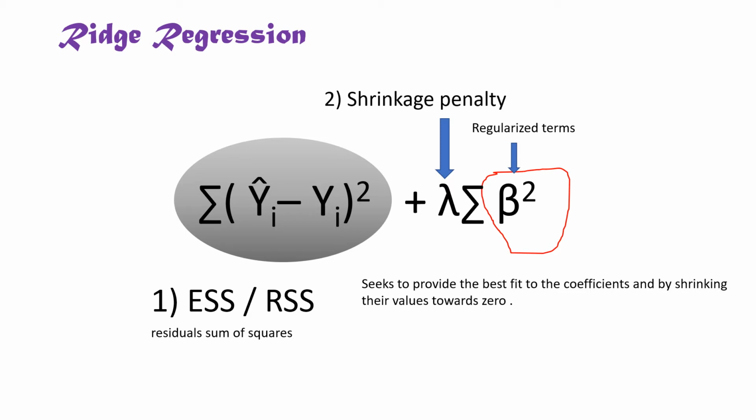This is what regularization means: to circumvent problems associated with overfitting, or to circumvent the 1 in 10 rule. Sometimes the betas or coefficients have to be regularized. Their values have to be shrunk to provide the best fit to these coefficients.